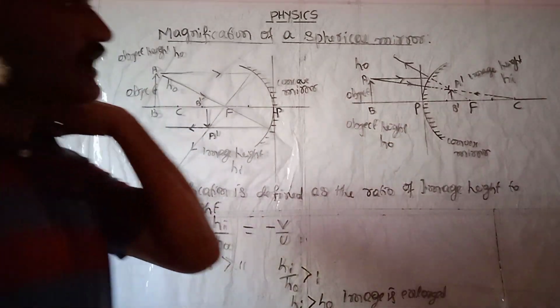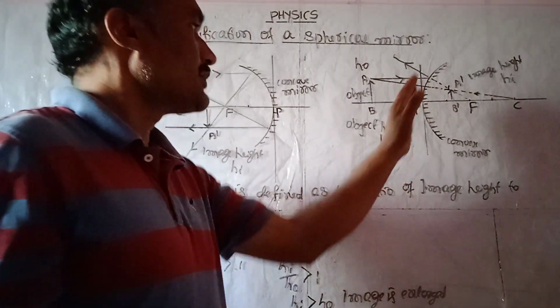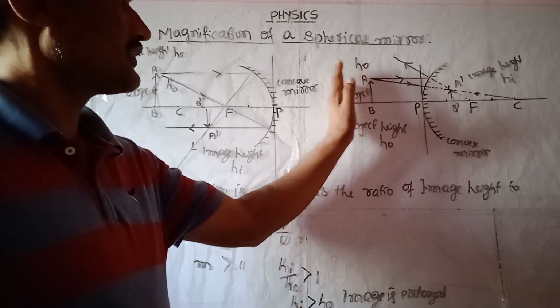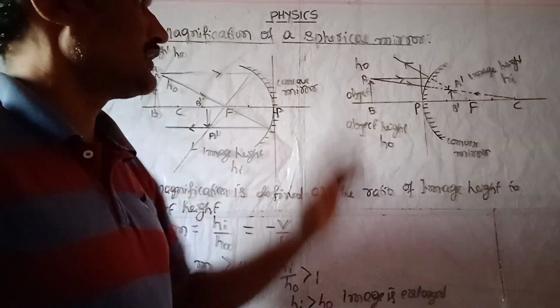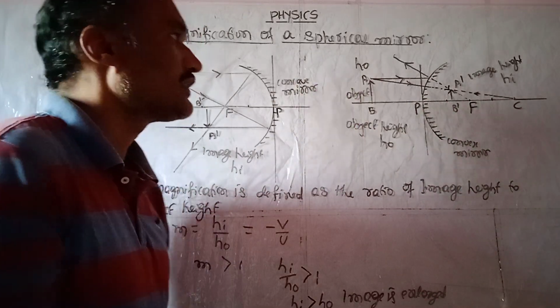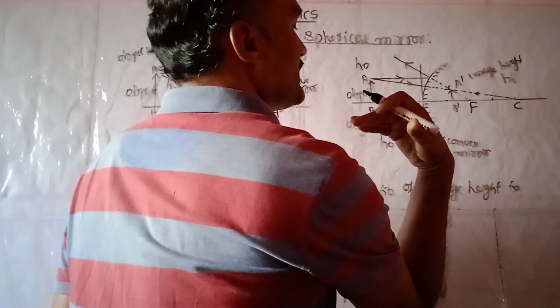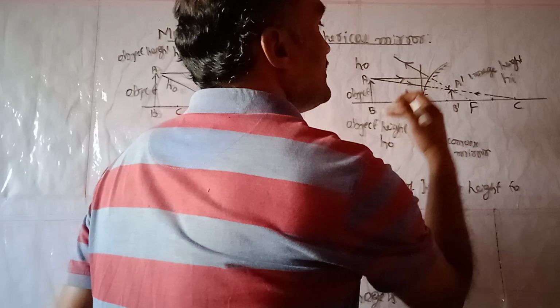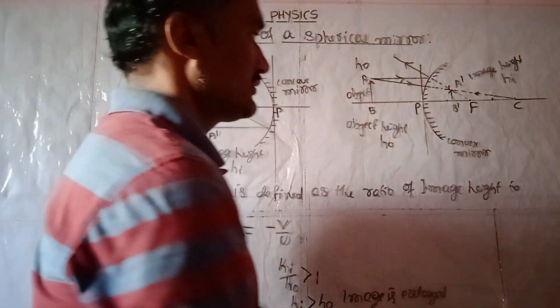But in the case of a convex mirror, the object is always placed to the left of the pole of the mirror, and the image is formed behind the mirror.